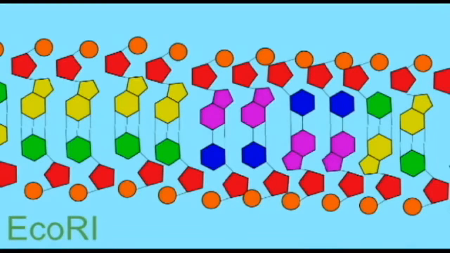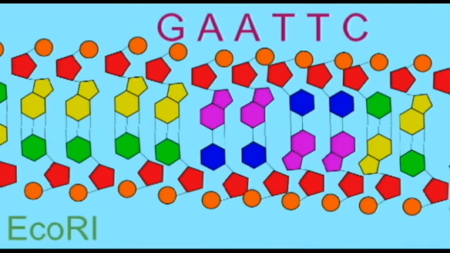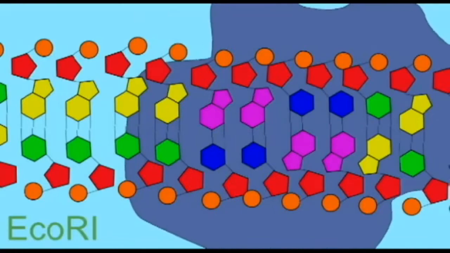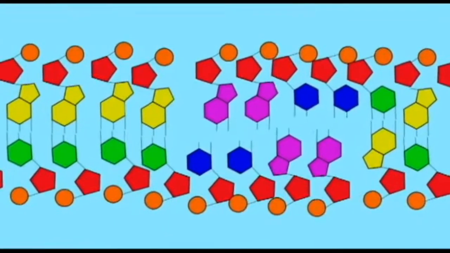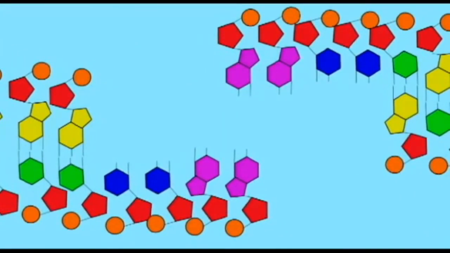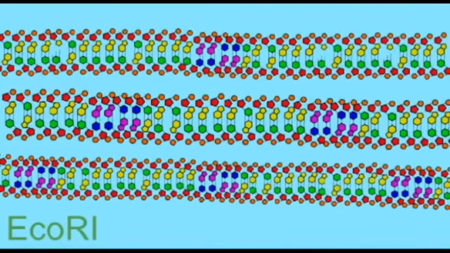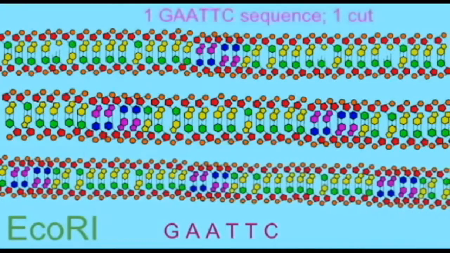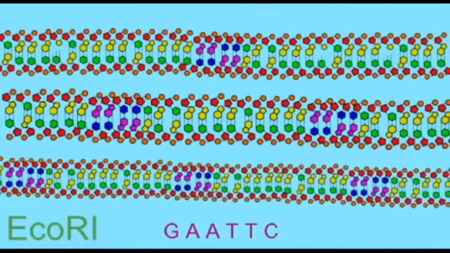Restriction endonucleases, or more simply, restriction enzymes, cut DNA at specific sequences, unlike regular digestive enzymes. And because they will cut the same piece of DNA at the same sites, producing the same fragments, they are useful in applications in biotechnology.